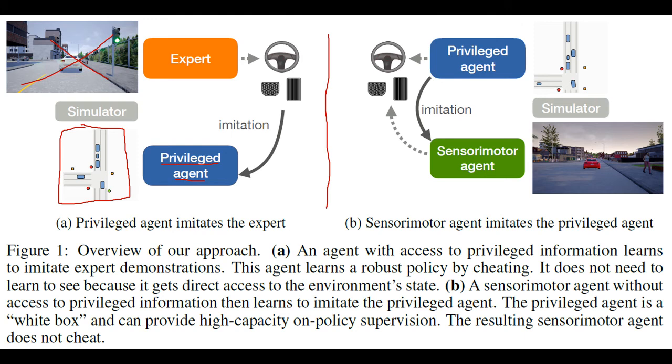And then you have the expert action. And the goal is to make a mapping from this representation to the expert action, and to learn to imitate the expert with that respect.